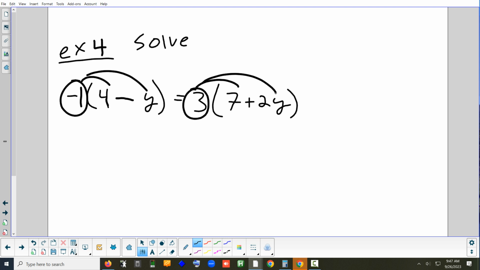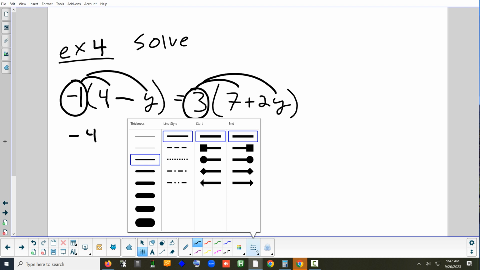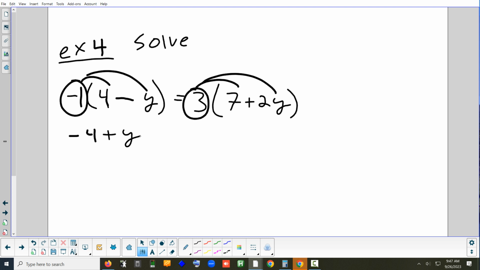Okay, if I distribute the -1 on the left, what's -1 times 4? -4. And what's the next thing I have to distribute the -1 to? The y. What do we get when you distribute -1 to -y? Positive 1y. You just put positive y.